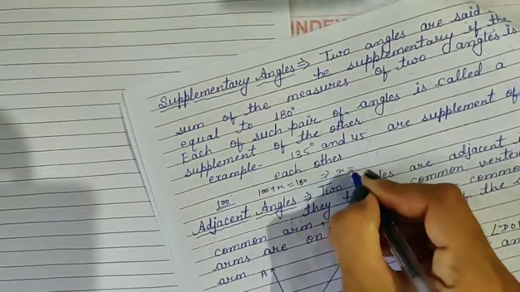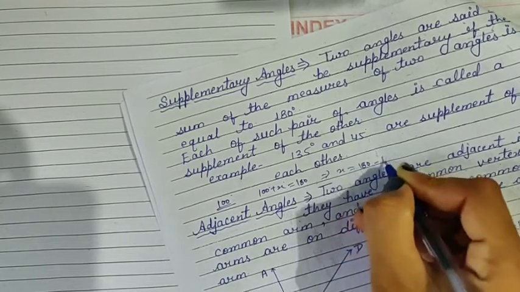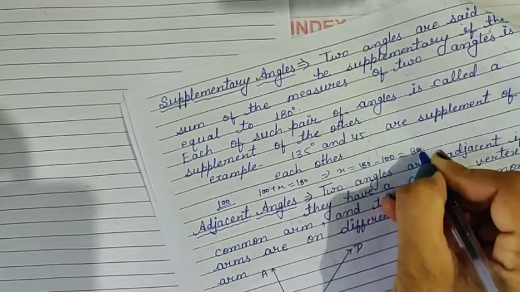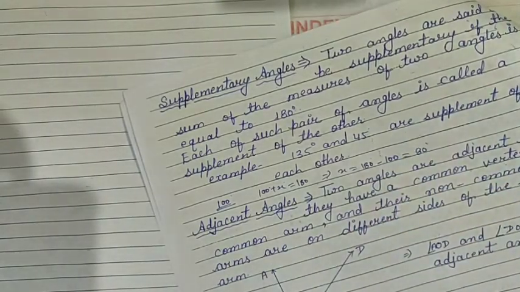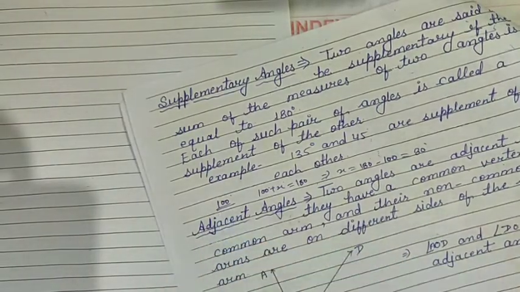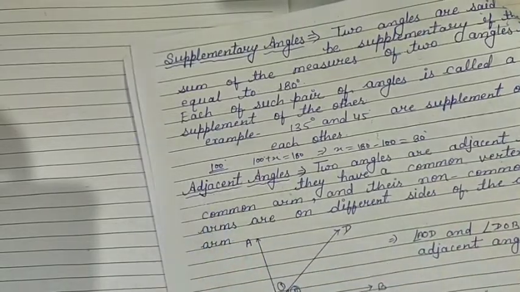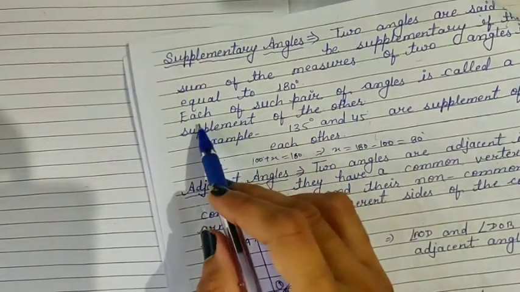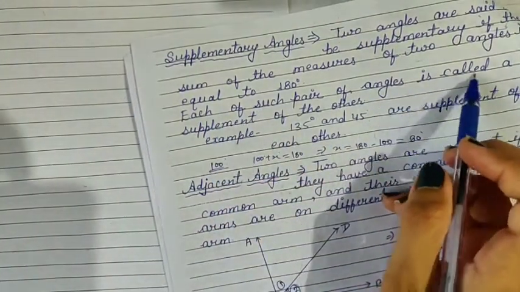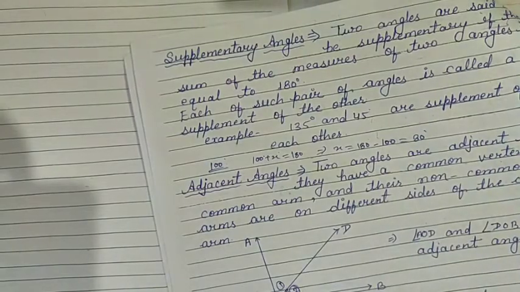Then x is equal to 180 degree minus 100 degree, and that is equal to 80 degree. So the supplementary angle of 100 degree is 80 degree and the supplementary angle of 80 degree is 100 degree, because each such pair of angles is called a supplement of the other.